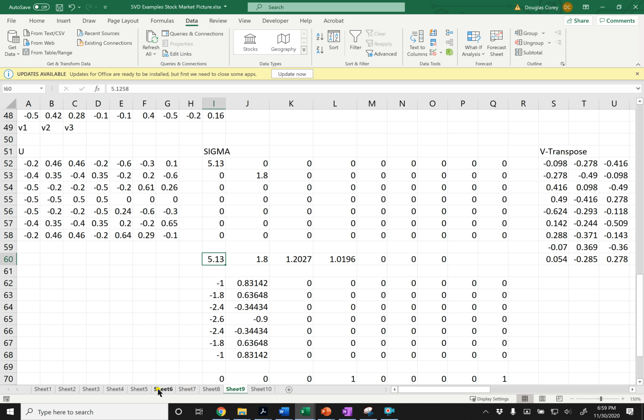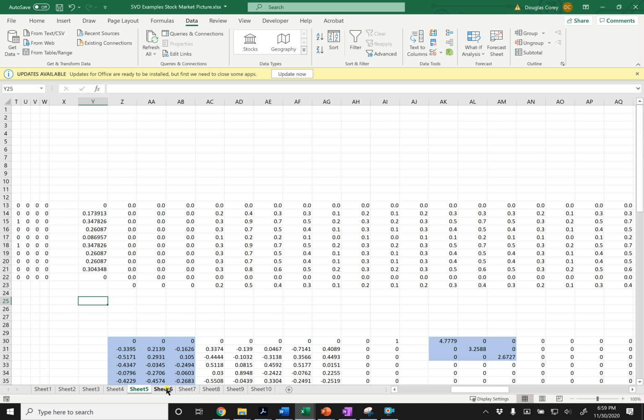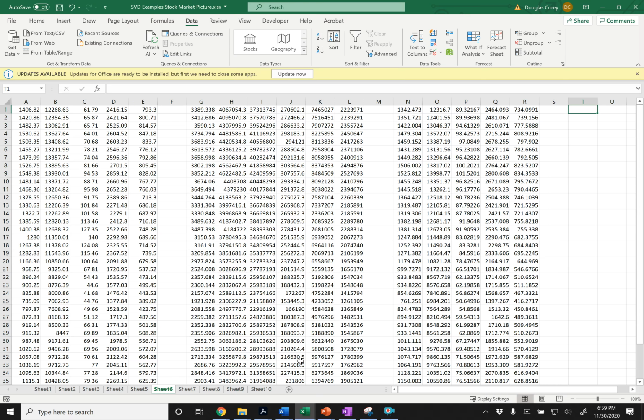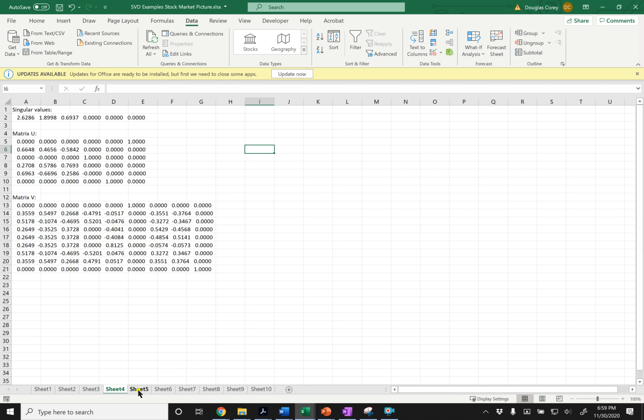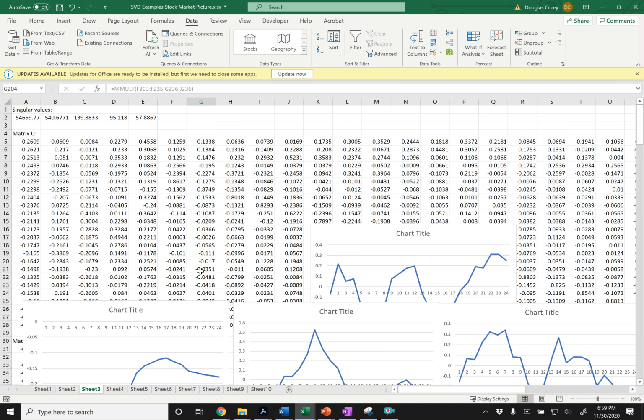I did an example with some stock prices, and you can see that from the first to the second one, the singular values drop down by a factor of 100.